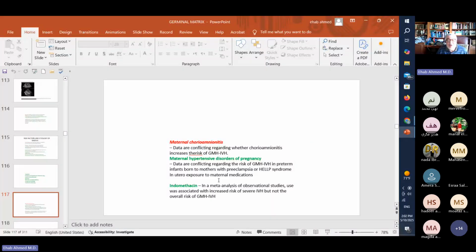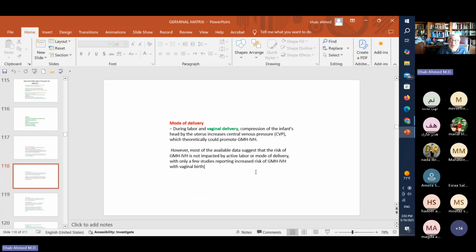Maternal hypertension disorder, especially eclampsia and preeclampsia. Indomethacin given to the mother, not to the baby, might lead to IVH, and it's debatable. The mode of delivery, some people think that vaginal delivery is more risk than C-section. I don't know if this is correct or not.